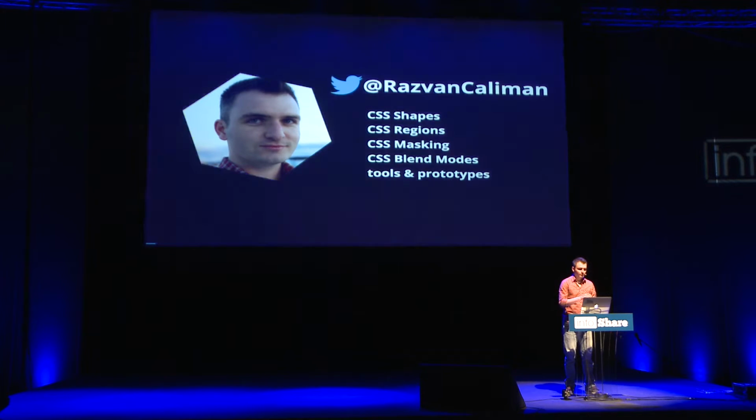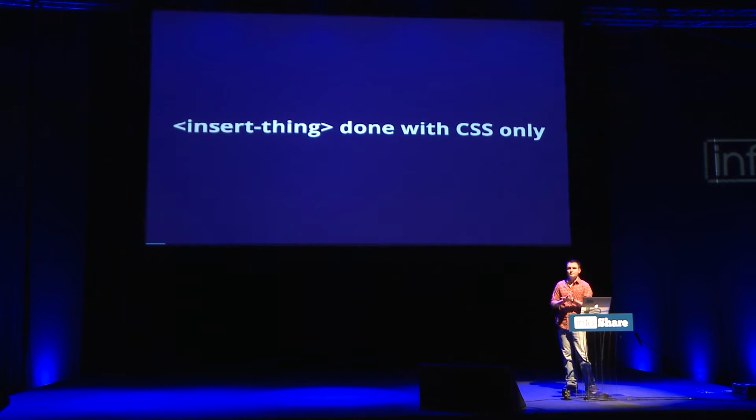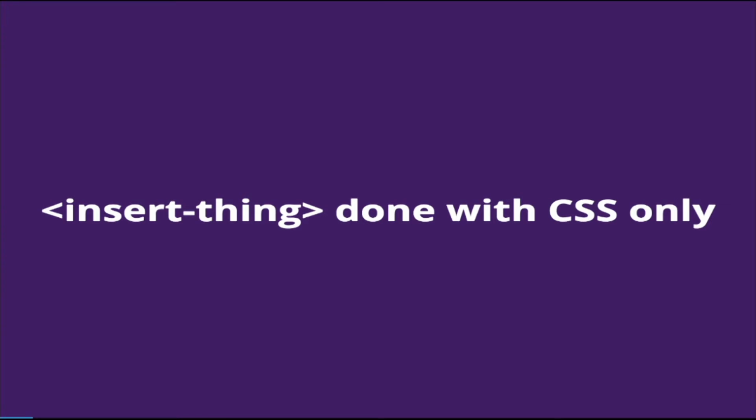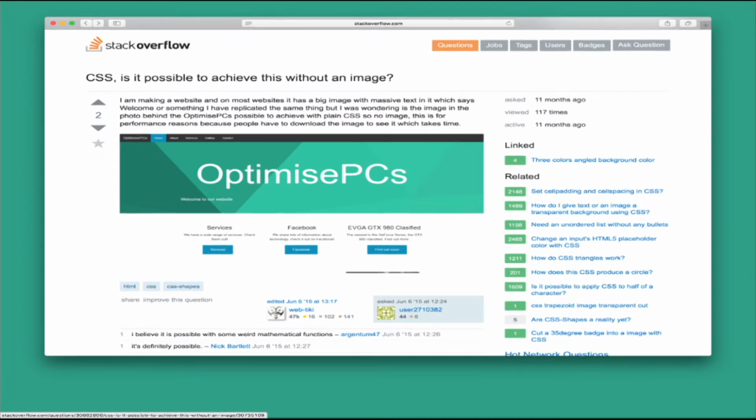So there's one thing which kind of bugs me lately: I see this trend of people trying to achieve something using only CSS, as if other web technologies out there aren't suitable for various things. And the thing which started me down this rabbit hole was this question on Stack Overflow.